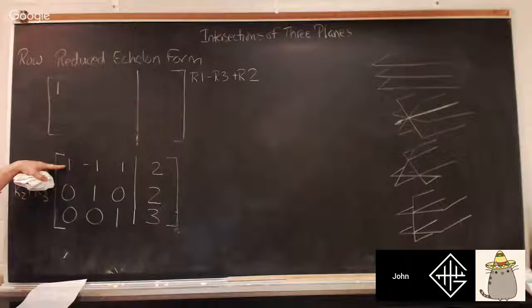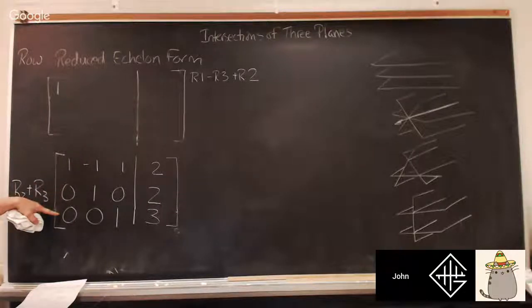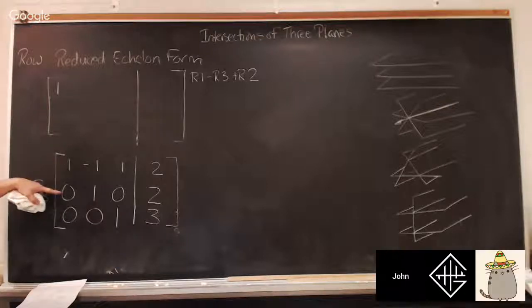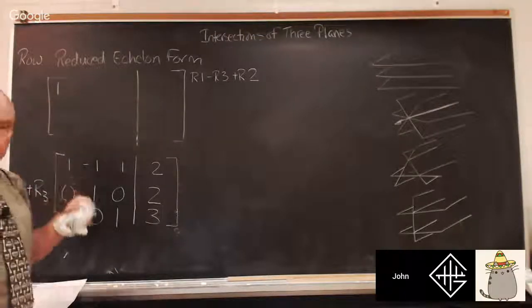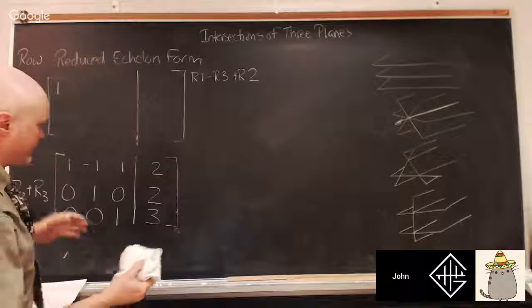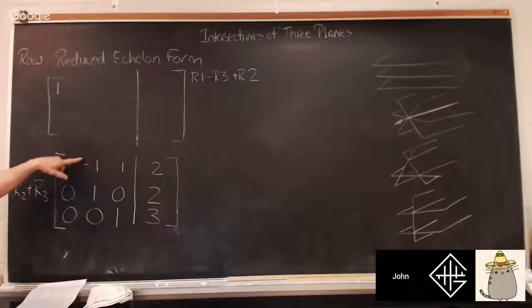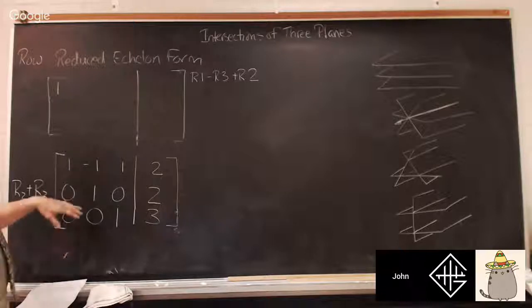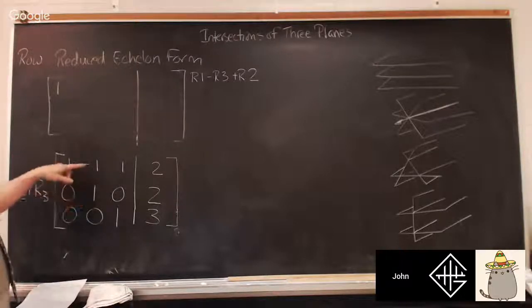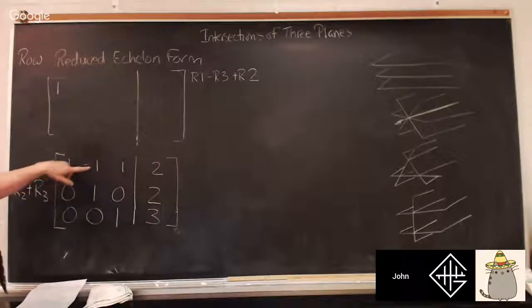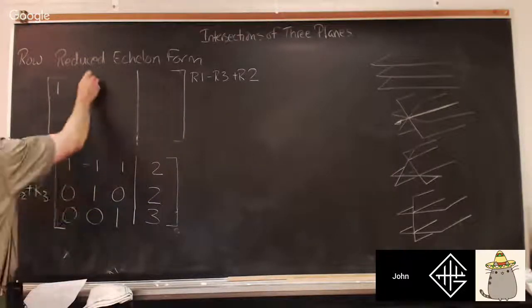No, I will. 1 minus 0 is 1. And 1 plus 0 is also 1. So that's a 1. So I did 2 things there at once. Okay. Now, -1 plus 0 is -1, so really the row 3 thing is a bit redundant. Okay, but I'm taking row 1 and I'm adding row 2. So -1 plus 1 is 0.